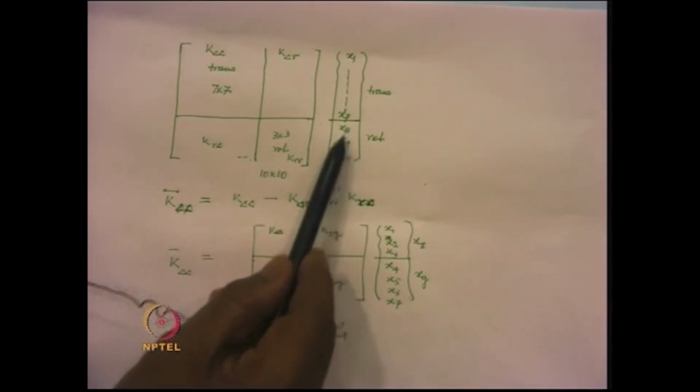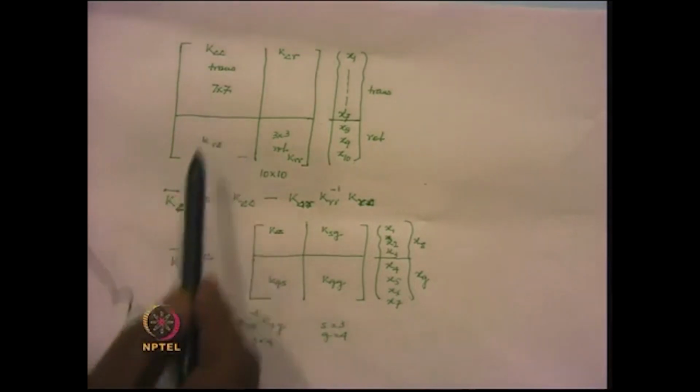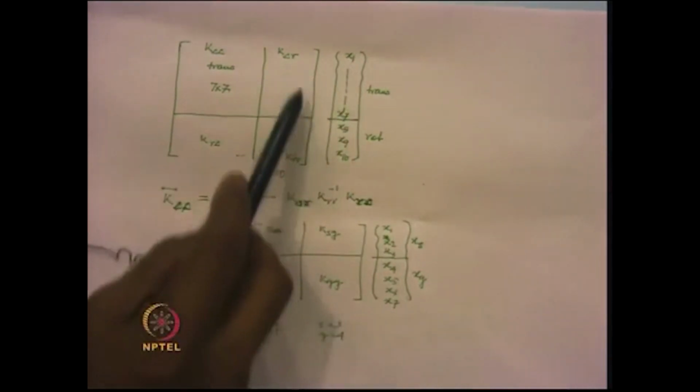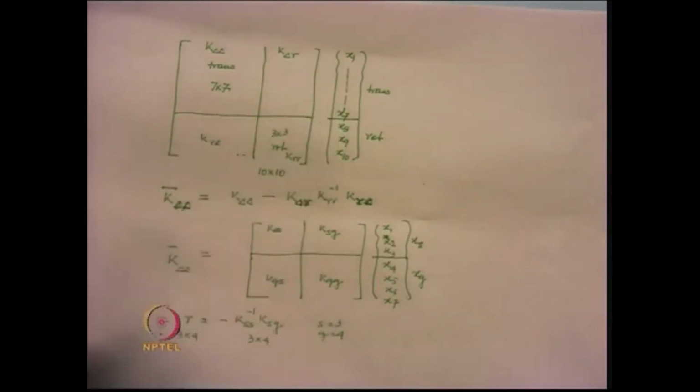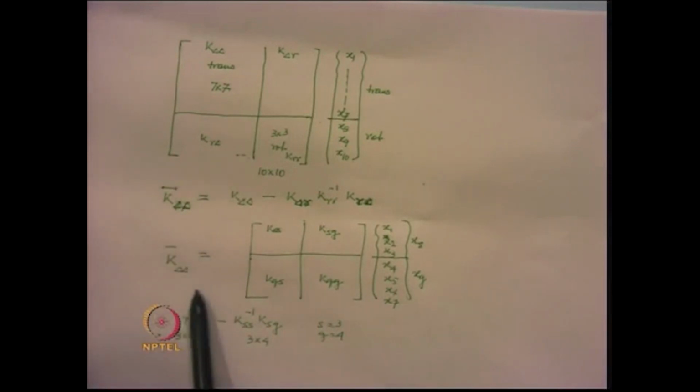Then we do this matrix condensation using this relationship and condense the entire stiffness matrix to the translational degrees of freedom x1 to x7.